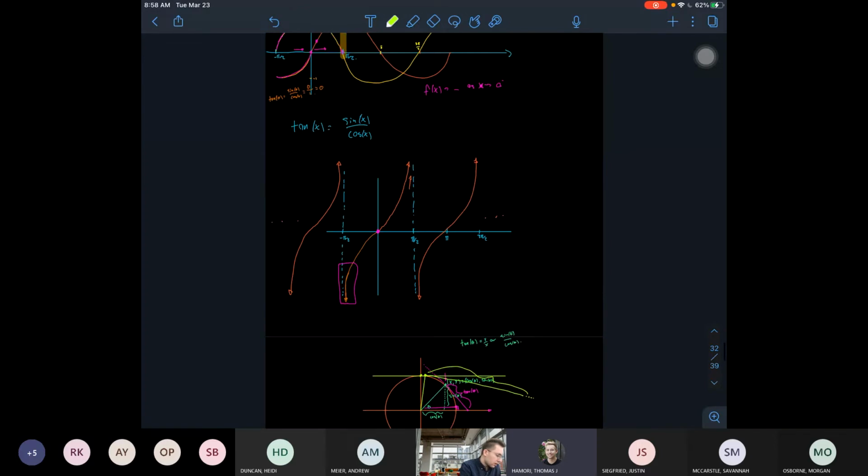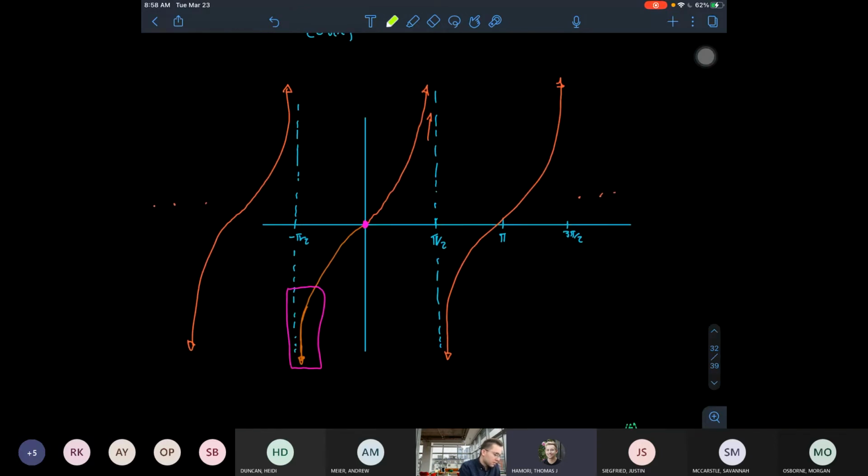Okay, so ultimately we wind up with a function which is actually repeating on a shorter time period than we're used to seeing.